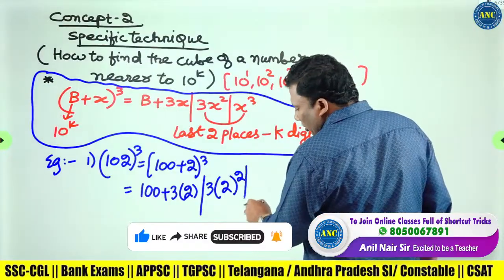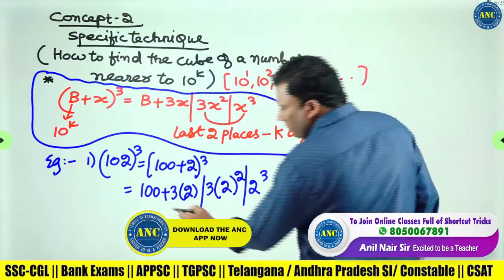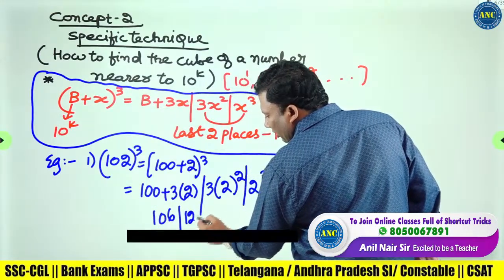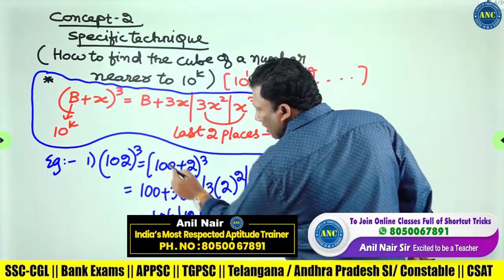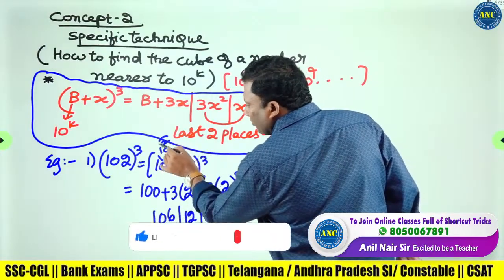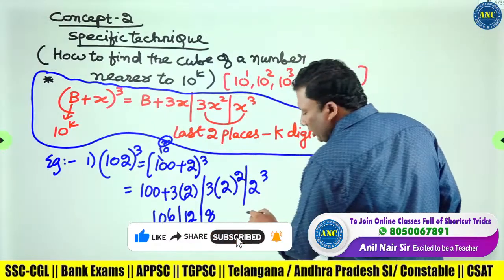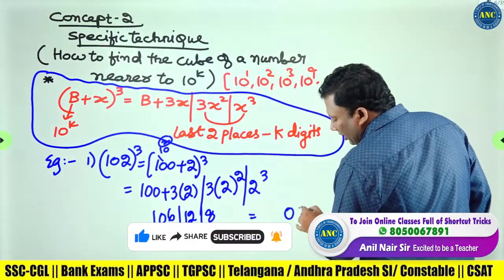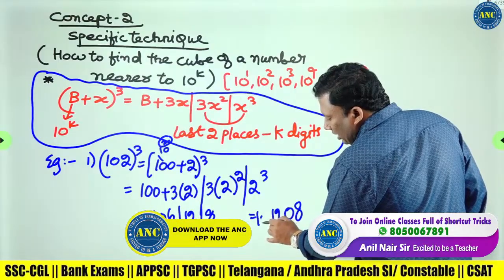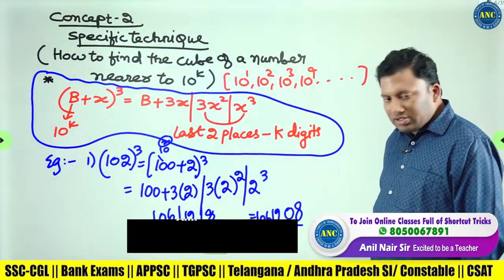Next step, 2 cube. 100 plus 6 is 106. 4 3s are 12. 2 cube is 8. 100 is 10 square, so if the power is 2, the last two places should have 2 digits. 8 in a 2-digit format is 08. 12 as it is, and it is 106. Answer is 106 12 08.